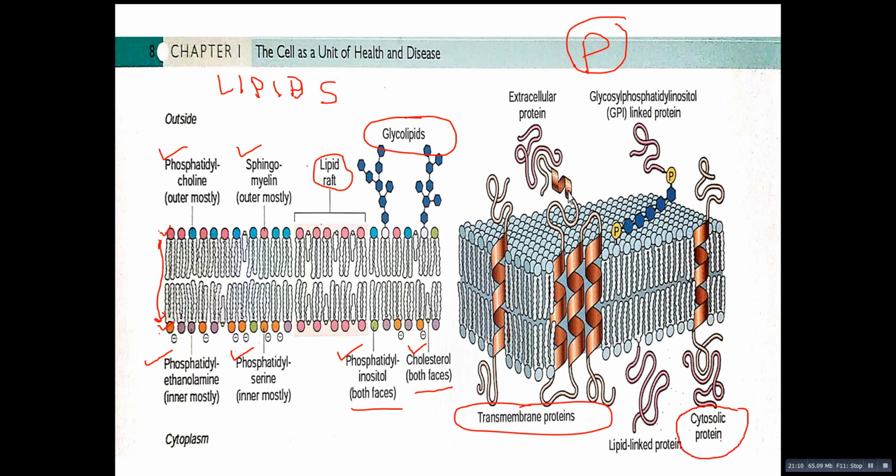So again, the plasma membrane is a bilayer, the fluid mosaic model, and it is asymmetric. The plasma membrane is comprised of phospholipids, proteins, and cholesterol.